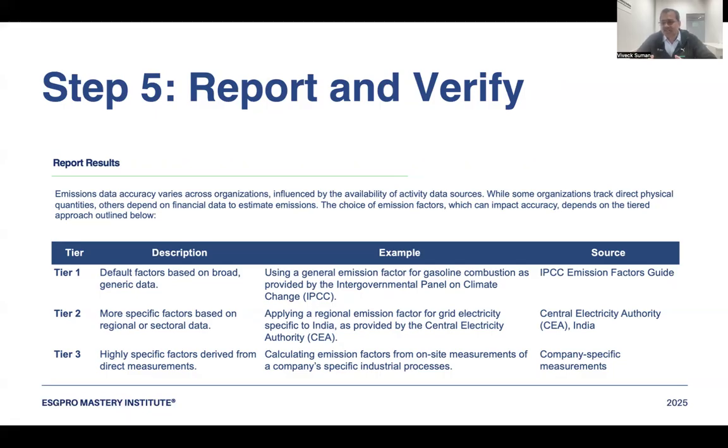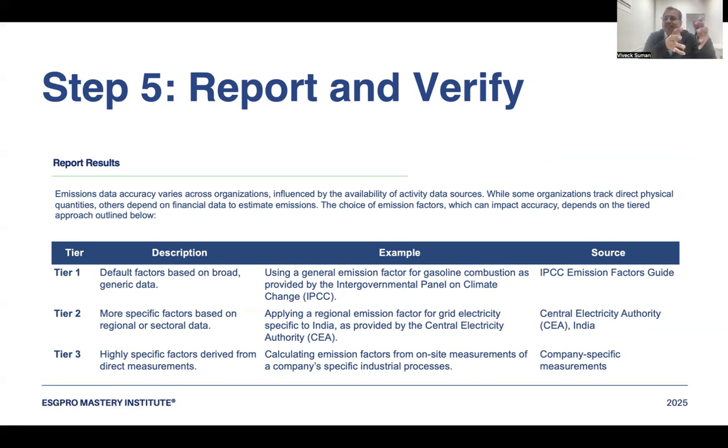And I cannot emphasize enough why establishing activity data sources is critical here. While some organizations do track their physical quantity, others depend on financial data. So that is how the two data sources come into play. One is the spend model. A spend model will always talk about financial data coming from your ERP.